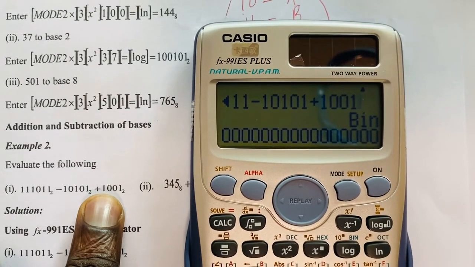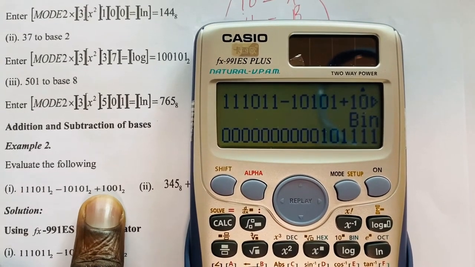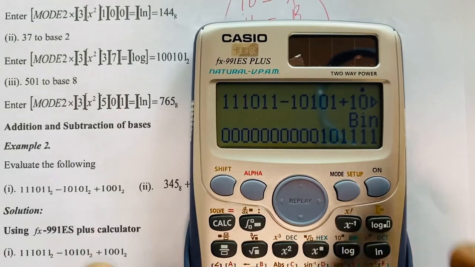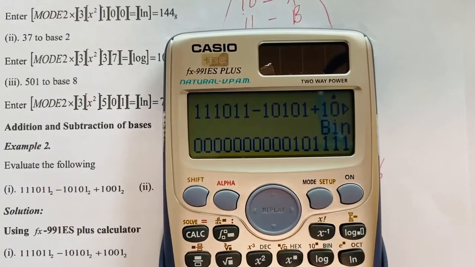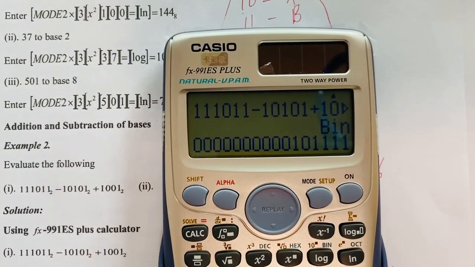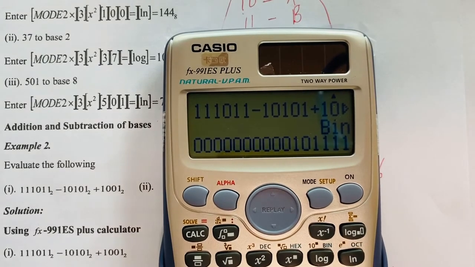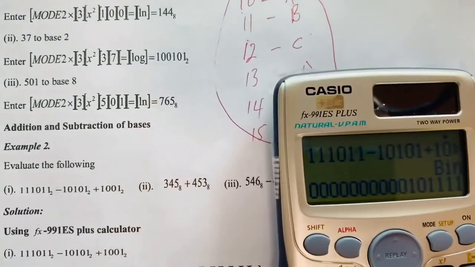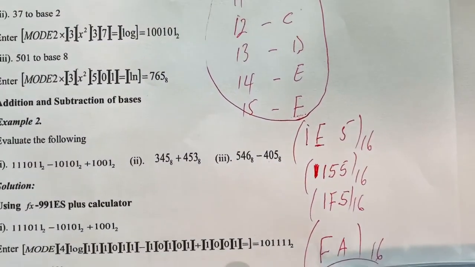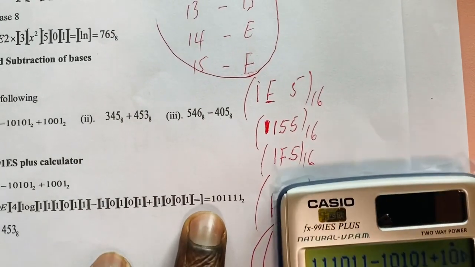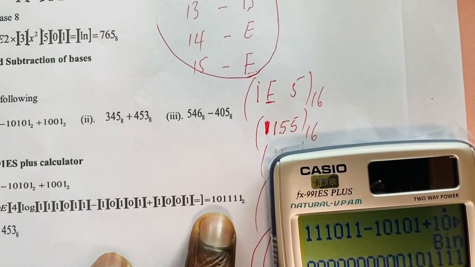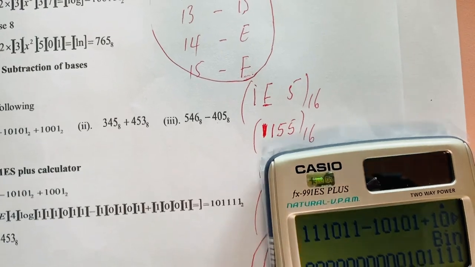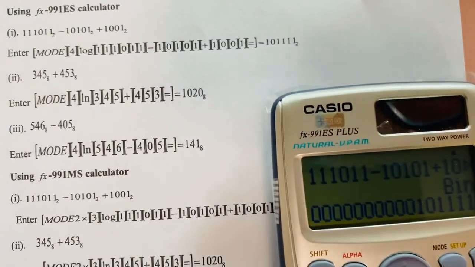When you press equal, it gives you the answer, which is 1011111. That's the answer for the question we just entered: 1011111 base 2. It's as simple as that.